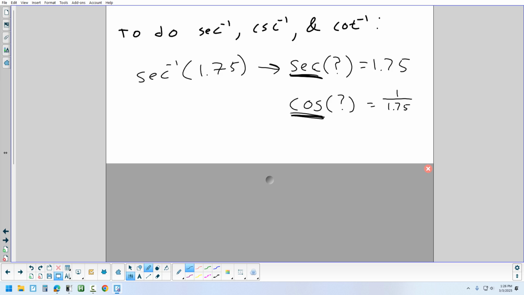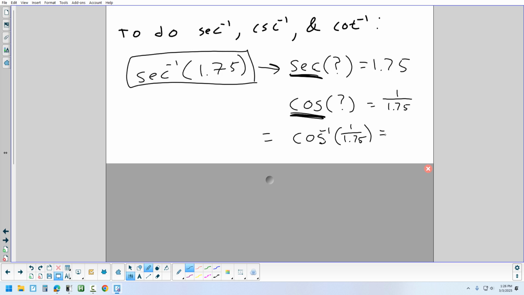That's good. We have a button on the calculator for cosine. Now, the last step is to change this back to inverse trig. It would be the inverse cosine of 1 over 1.75 equals, we don't know.